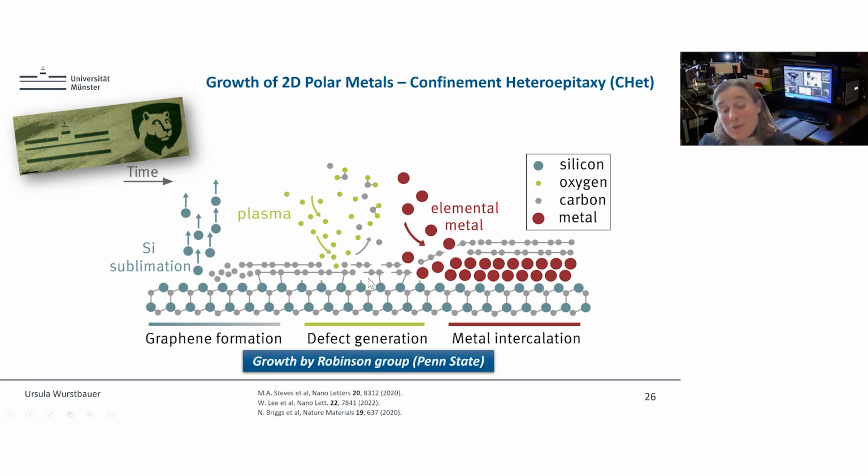Our collaboration partners control this by the formation of the graphene, but also by the parameters of this intercalation. If you stop the process, the graphene self-heals, so it closes the defects, and with that you have a perfectly sealed structure with, depending on the growth parameters, 1, 2, 3 or more layers of the metal underneath.